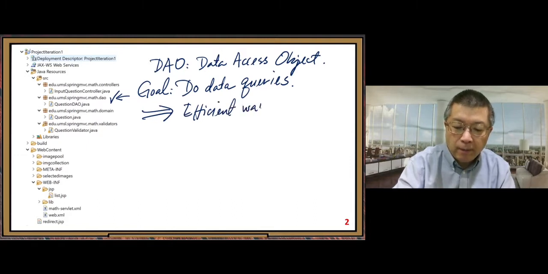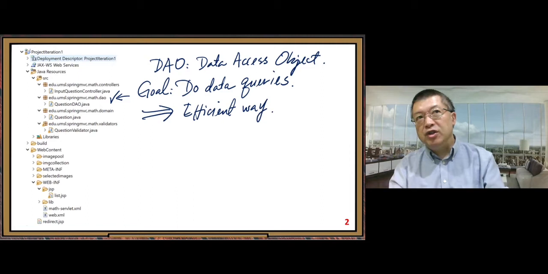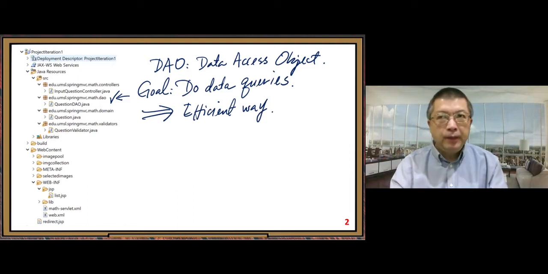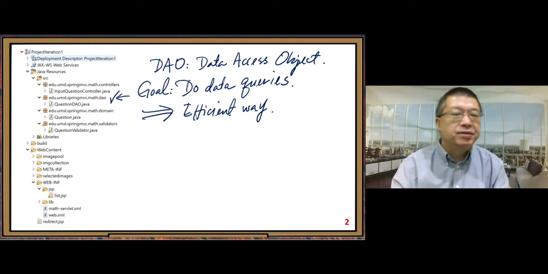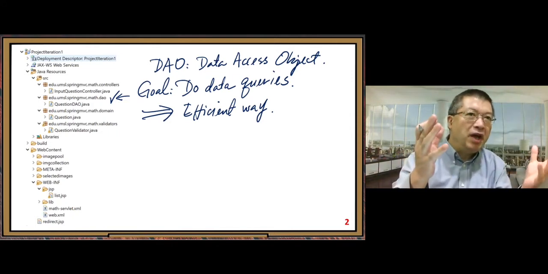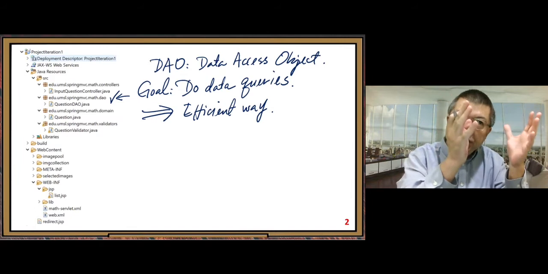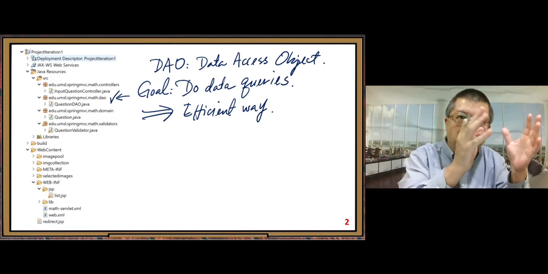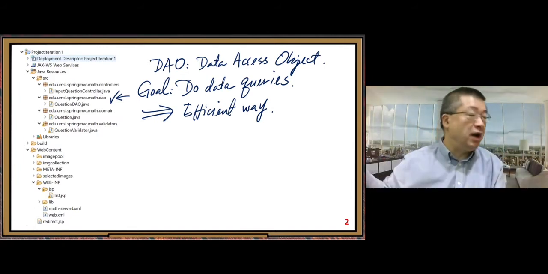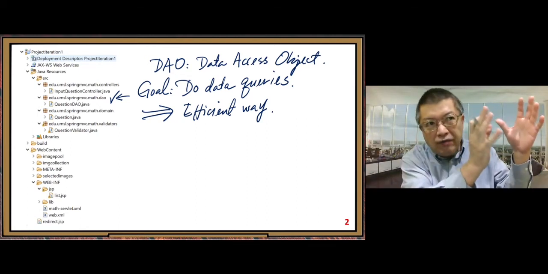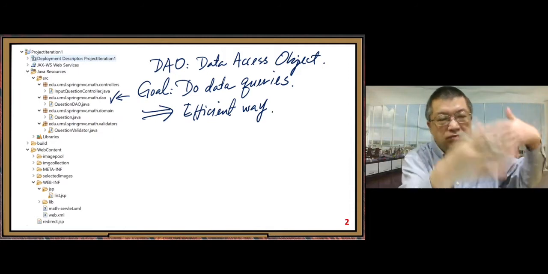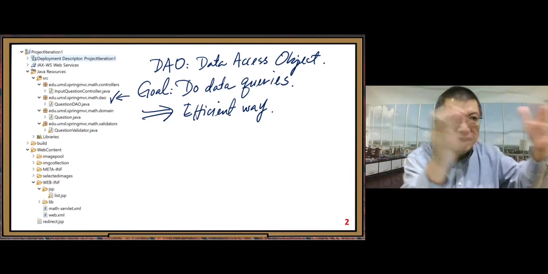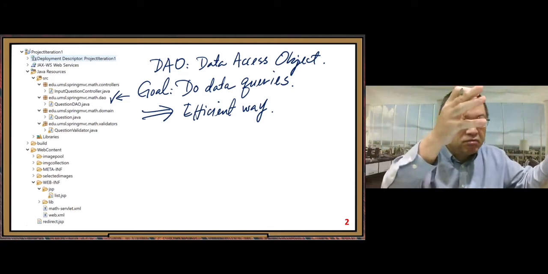What do we mean by efficient? For database queries in one application, we may need to use some of the queries in many different Java files. In other words, a lot of queries are reusable, and we need to use them in many different places.